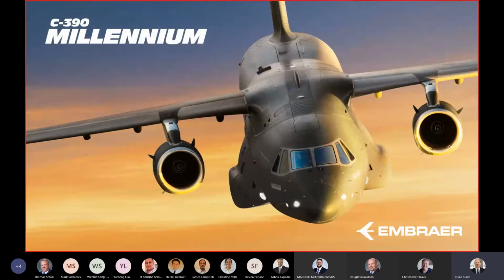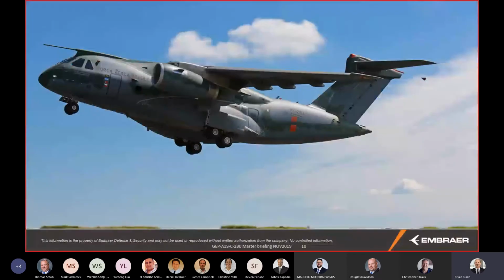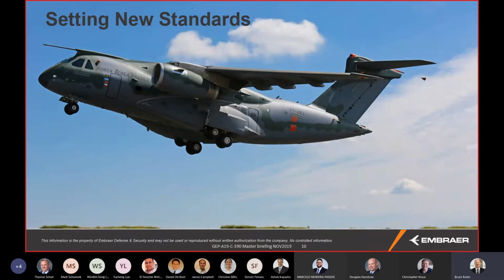Okay, let's talk a little bit about the C-390. I know that's probably the most interesting thing that we can talk about today. If you're not familiar with the market, the C-390 is in the airlift and tanker market, or what the U.S. Air Force calls air mobility.